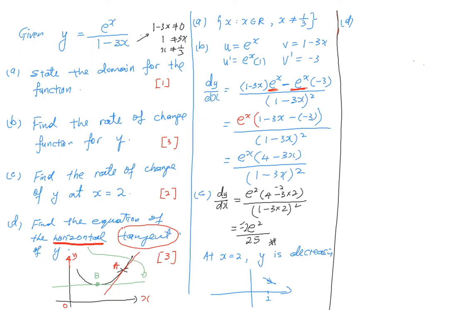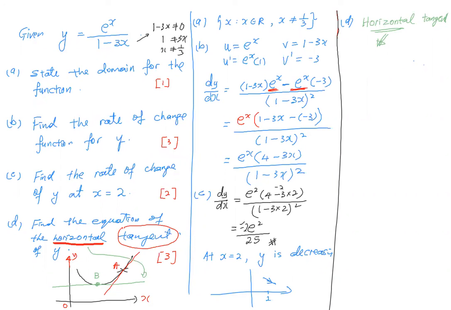You say you have no idea. Why you have no idea? Because you have to start from this word. What do you mean by horizontal tangent? This word horizontal tangent straight away gives you what information? Yeah, Kiko, just now you mentioned to me, it's parallel to the x-axis.